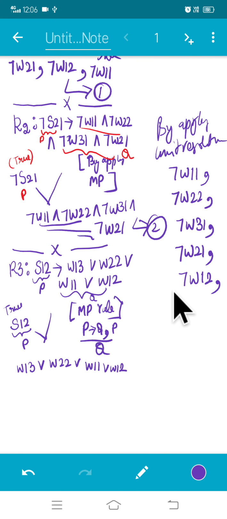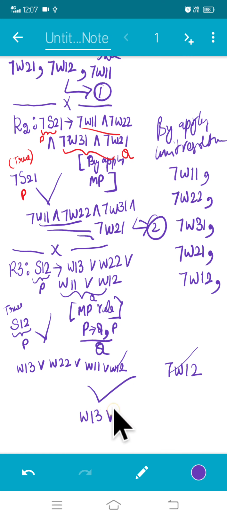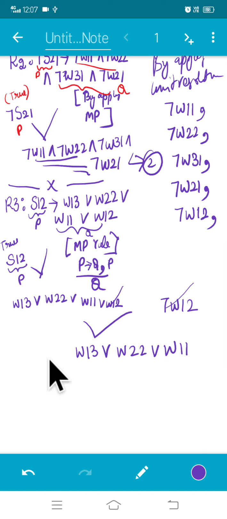Okay, so from here I will take negation W12. These two will get cancelled and I will be left with W13 or W22 or W11. Then again I will take negation of W11 and these two will get cancelled.